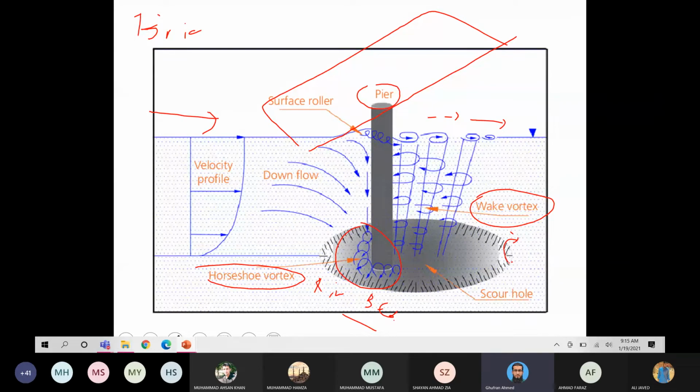We usually say scouring around a bridge pier. If we have an obstruction like this, then the removal of soil, or you can say the bed material around any object, we call scouring.